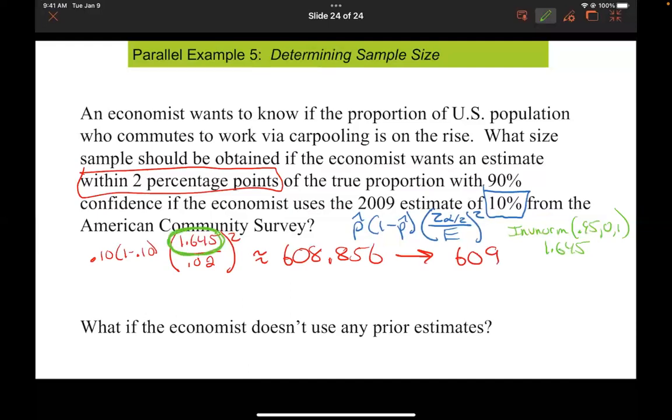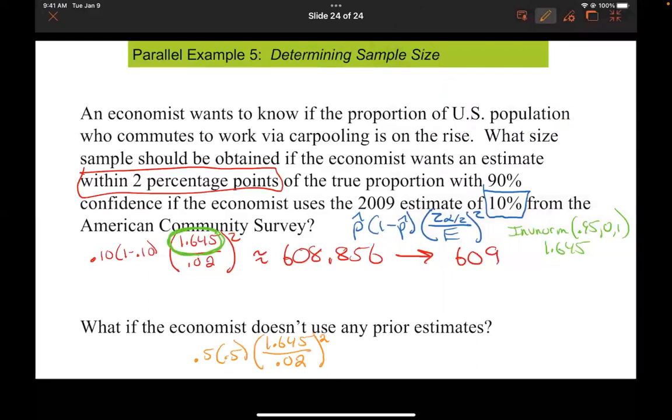Okay. So now it says, what if the economist didn't use any prior estimates? In this case, we would use 0.5 times 1 minus 0.5, which is 0.25, and do the exact same thing. Take a look at the difference. You will see really quickly why we like to use prior estimates. So go ahead and math that out.